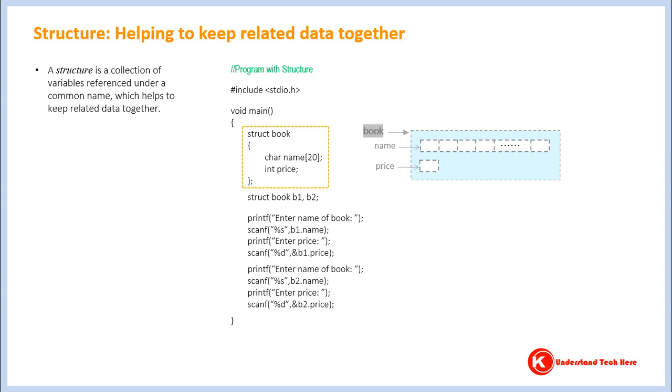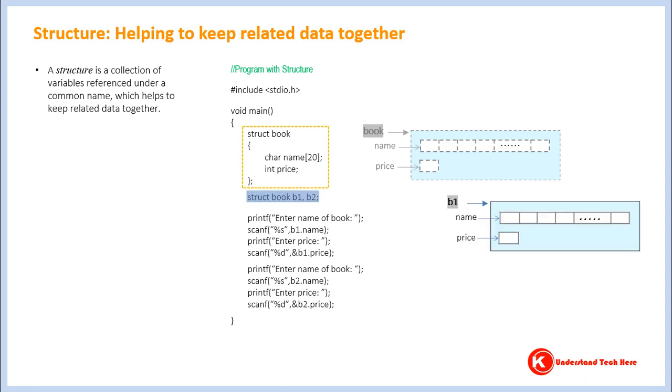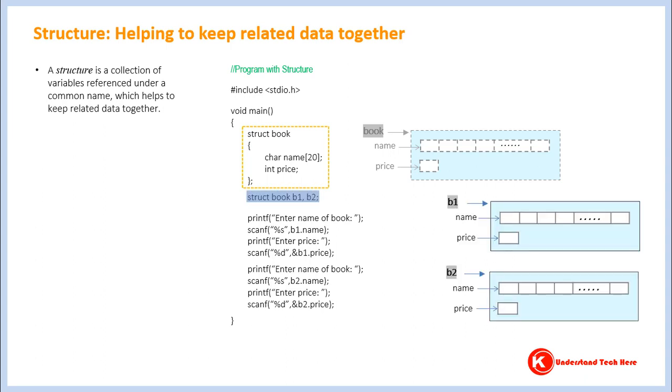When we do book B1 and B2, now two things B1 and B2 will be created. Why were B1 and B2 having this kind of structure or construction created? B1 is of type book. Now what kind of thing is book?